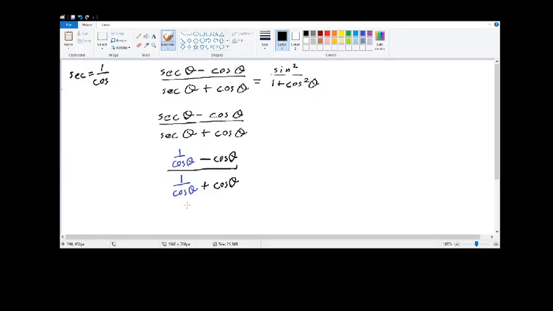Well, in this case, in both the numerator and denominator, we have a fraction being added to or subtracted from a whole number. So what if we wanted to try and actually combine them? Since they're both cosines, they should be able to combine much easier. In order to do that, we'd have to multiply this side by cosine over cosine.